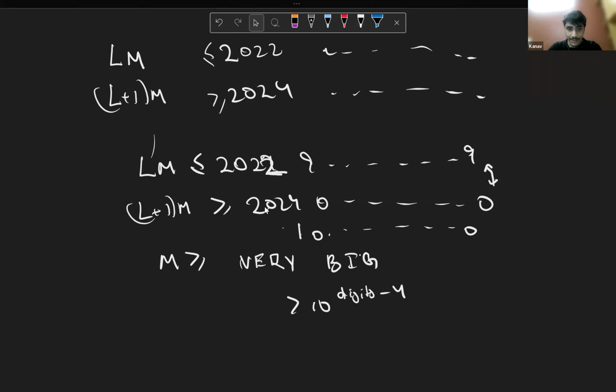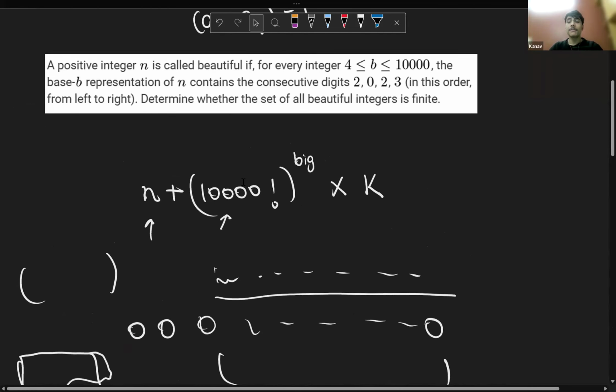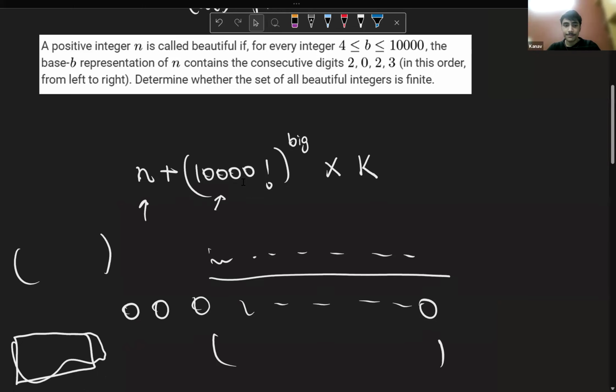I probably went very fast, so I'll repeat the entire argument. What we actually did was we didn't use CRT anywhere, but in some sense, we had so much freedom, we could just add in as many conditions as we want and just be happy with it because there are way too many positive integers.